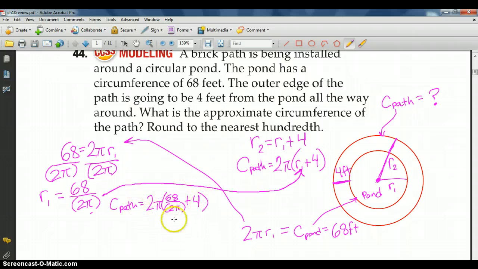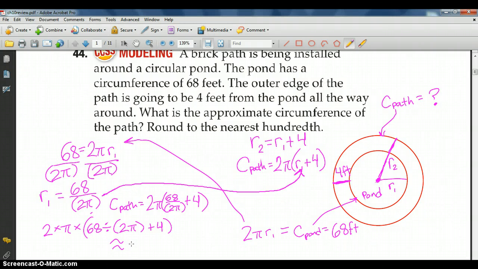So this is basically it. This is going to give us our answer. We just need to type it into the calculator the right way. So we want to take 2 times pi times quantity 68 divided by quantity 2 pi, then plus 4, and then close this quantity.